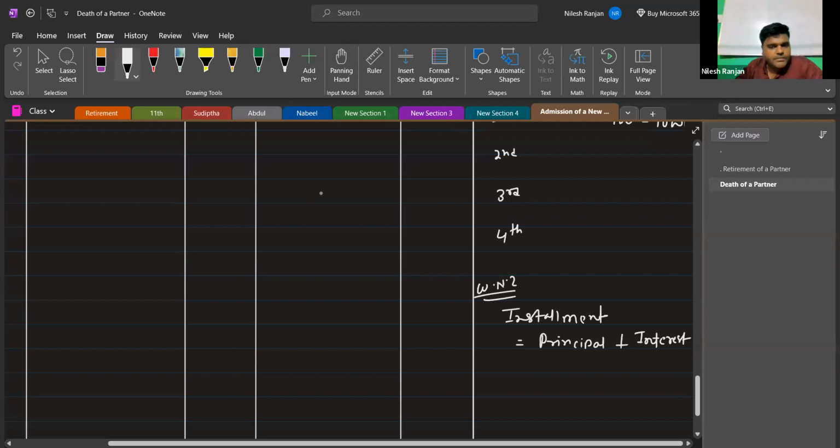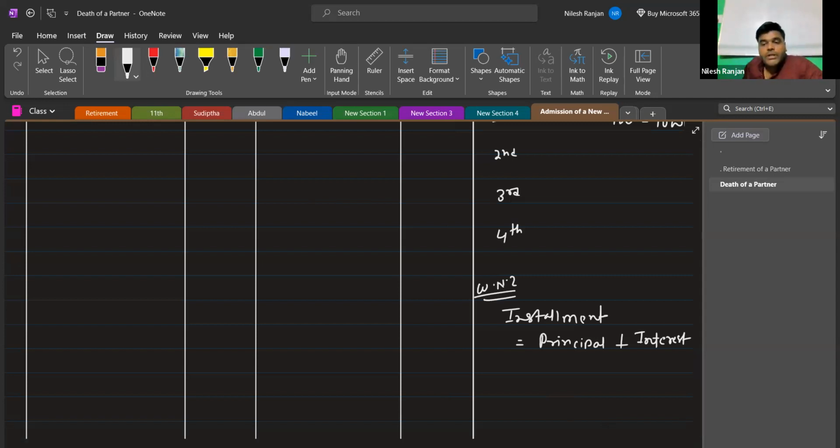Can you repeat it? I didn't understand. Installment equals to principal plus interest. Do you understand the formula principal plus interest? I will explain the principal and interest amount.